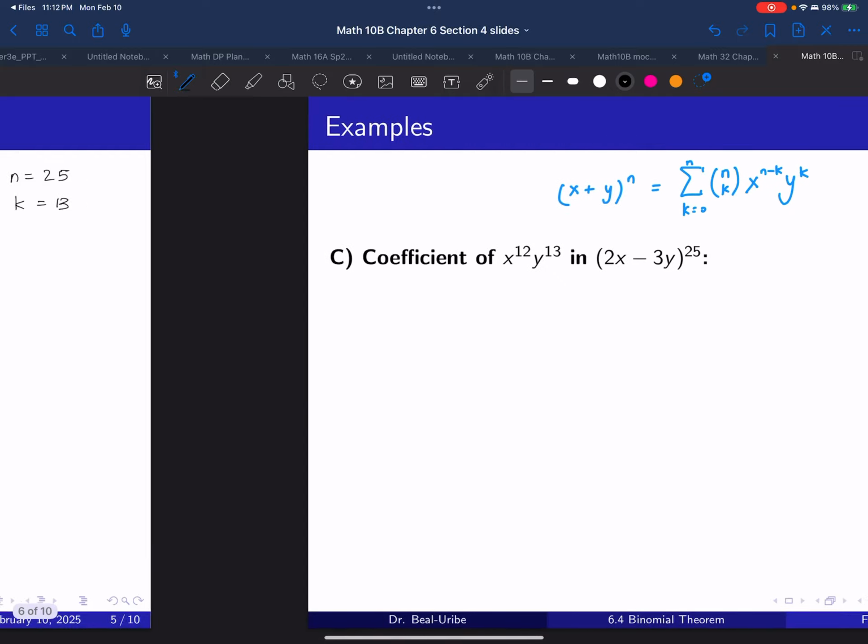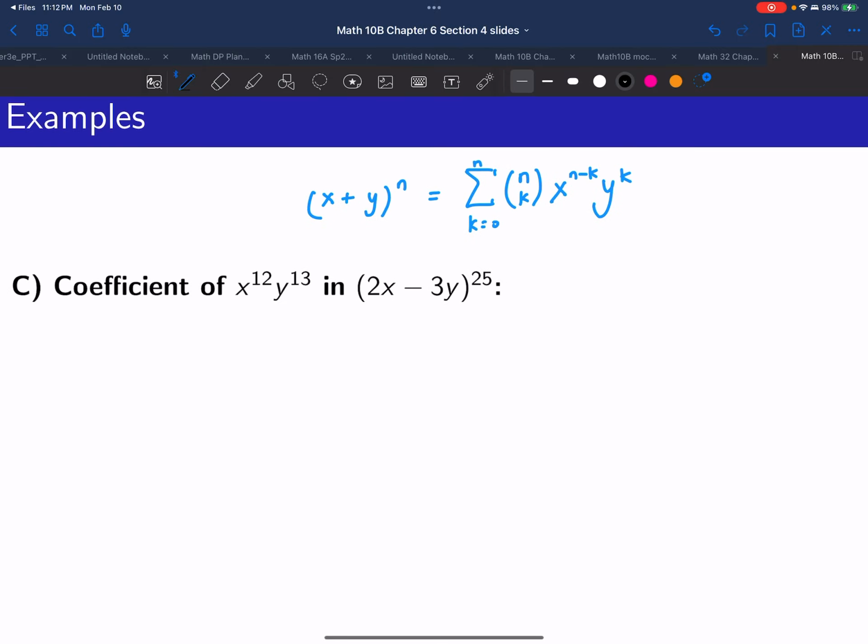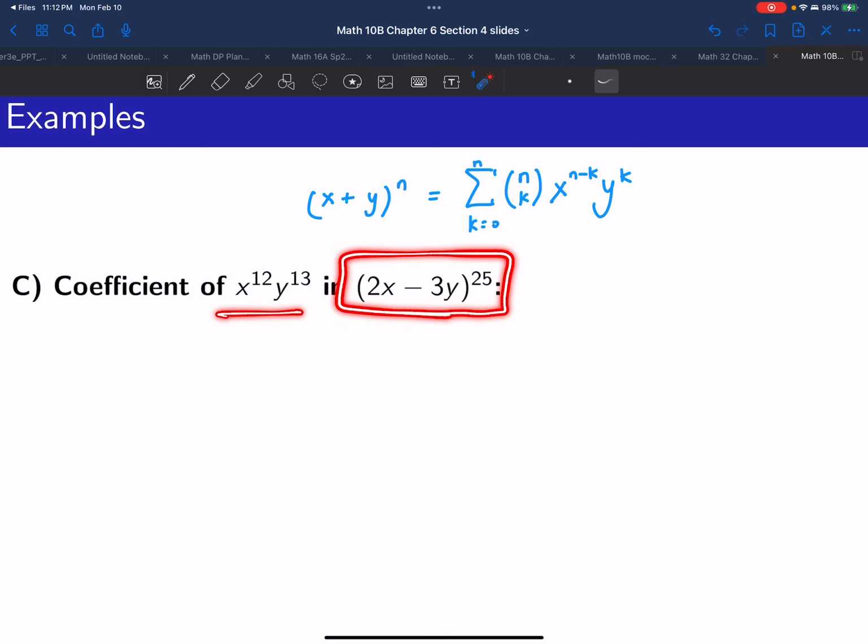Okay. This one is a little harder because we want to know the coefficient, but this looks more complicated than just (x plus y) to the n. And indeed it is. What I'm going to do is rewrite this formula.